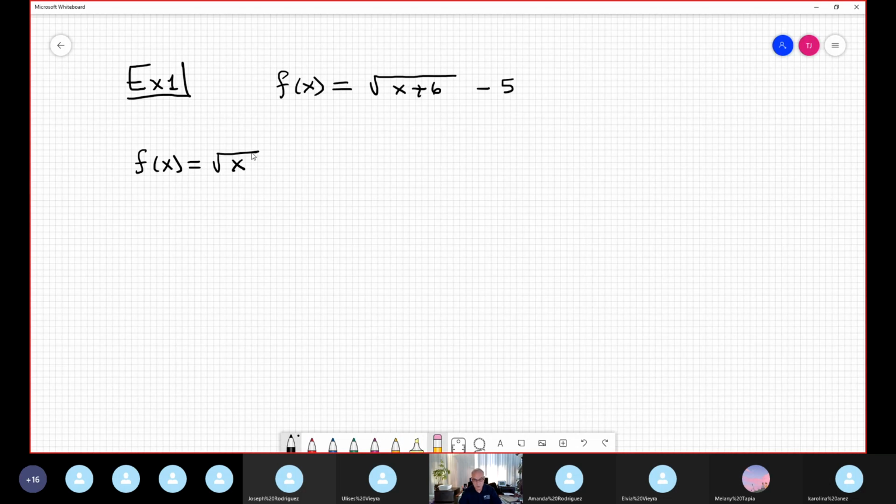Now let's do it quickly and roughly, and after we check it out in decimals. I know the square root function looks like that.